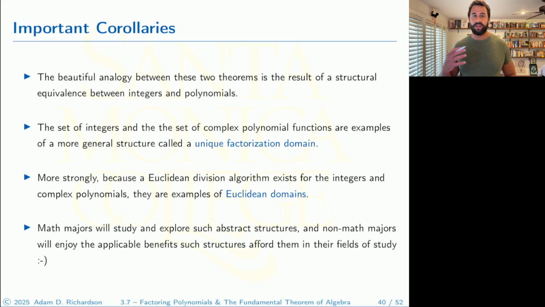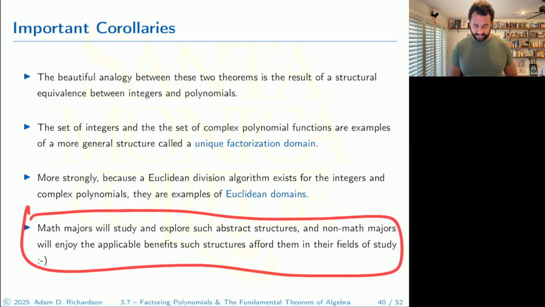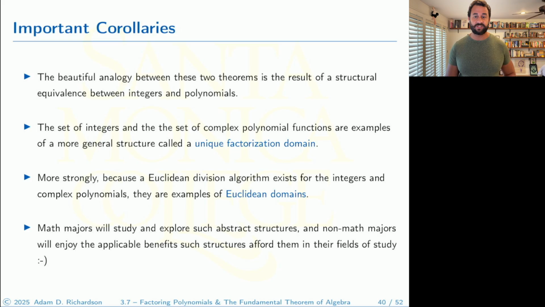So that whole notion of the division algorithm can be generalized even more than what we just saw here. So yes, math majors, you will study and explore such abstract structures. Non-math majors, good news, you don't have to study those if you don't want, but you will get to enjoy all of the applicable benefits of those structures that math majors make sure you've got.